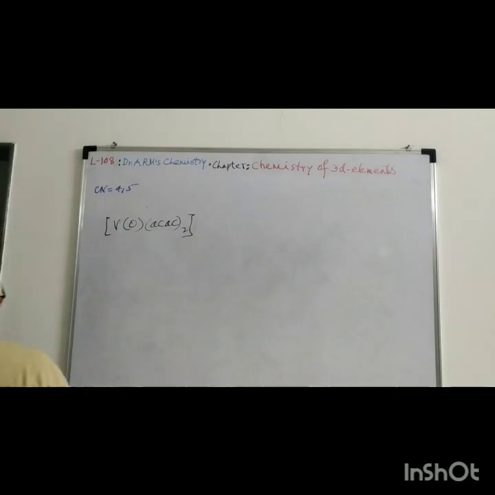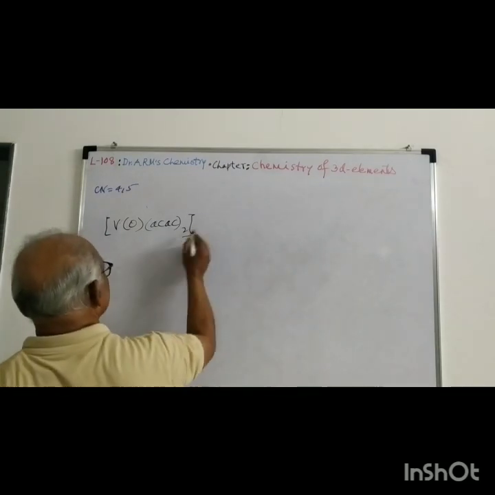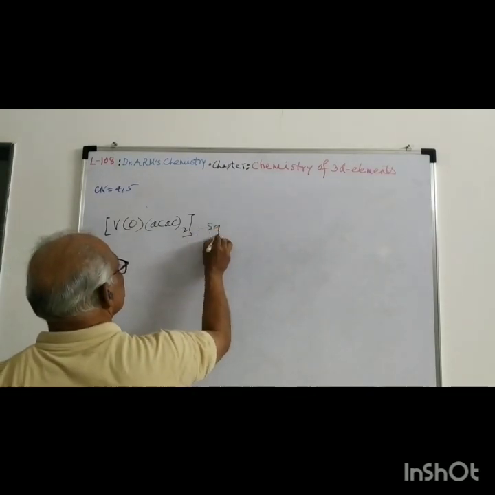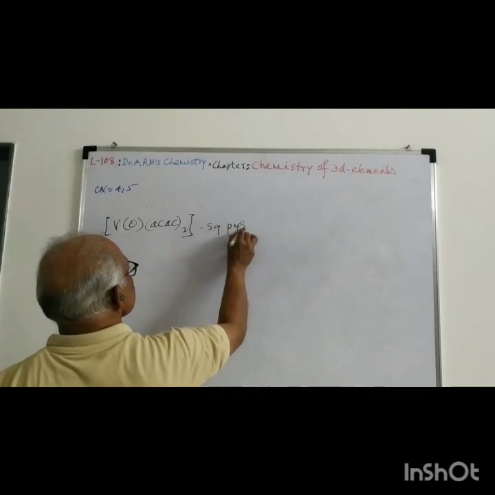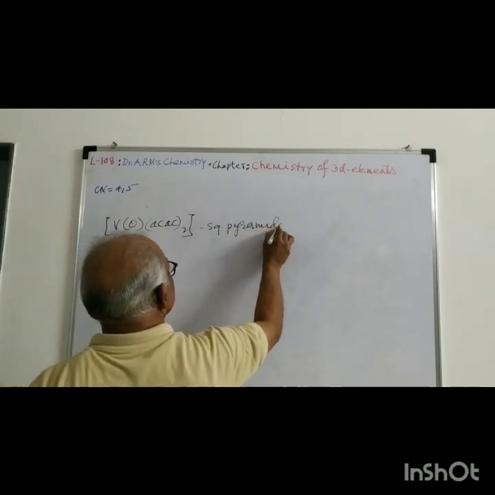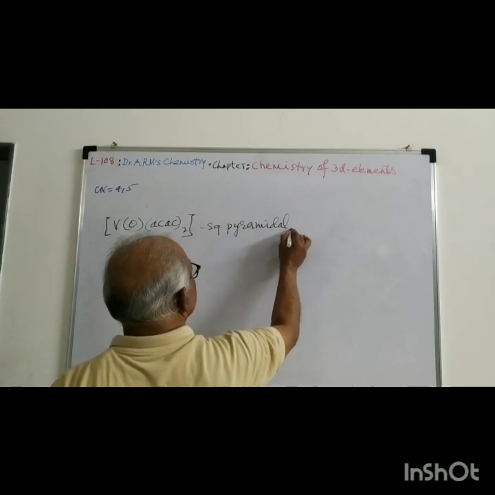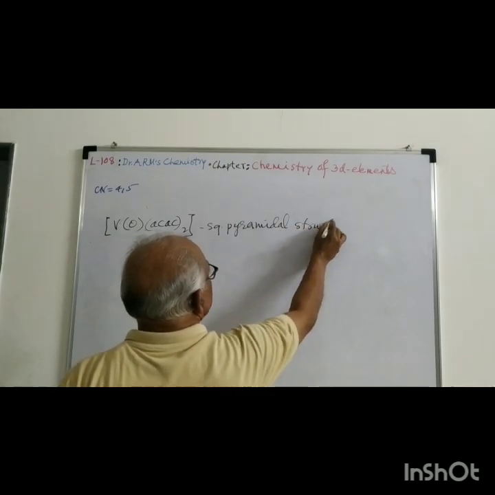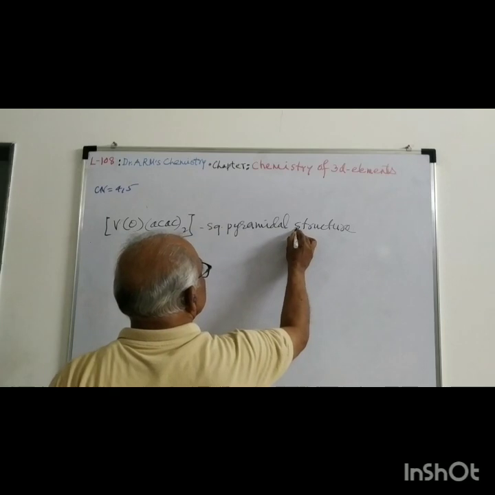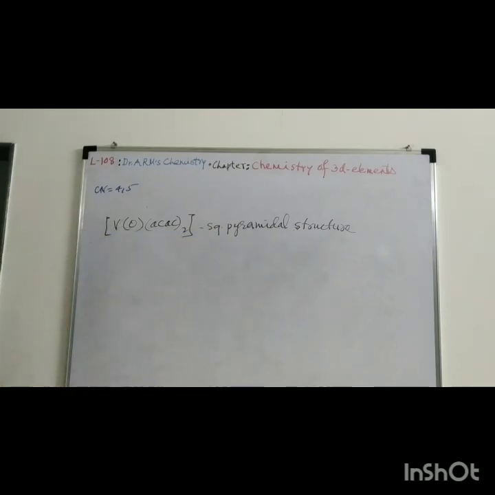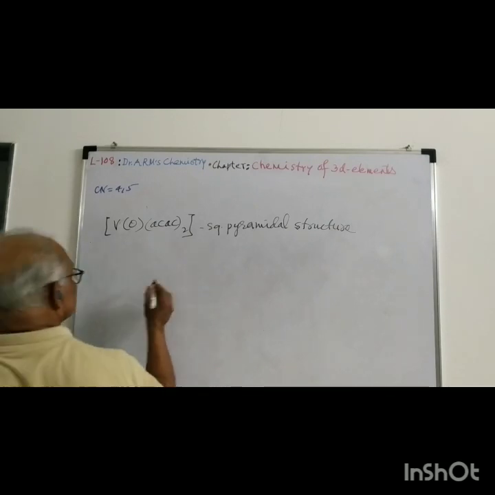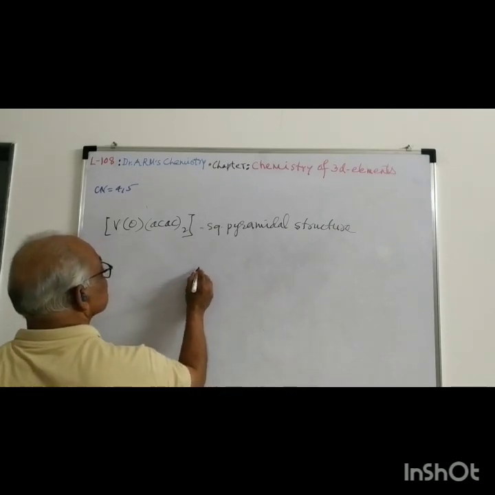So this is a square pyramidal structure. This is also a square pyramidal structure. Now we will see the structure of this.